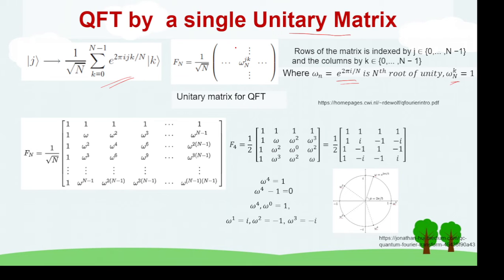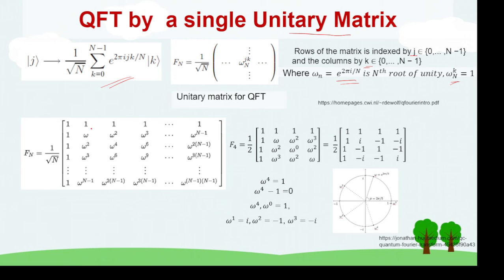And how do we fill that? We just have to put in the values. The rows of the matrix are indexed by j and the columns are indexed by k. Since we start with 0 for j and k, all the elements in the first row and first column will be 1.